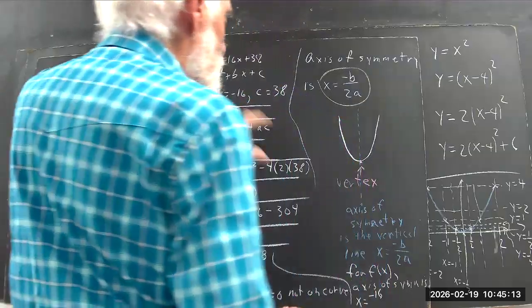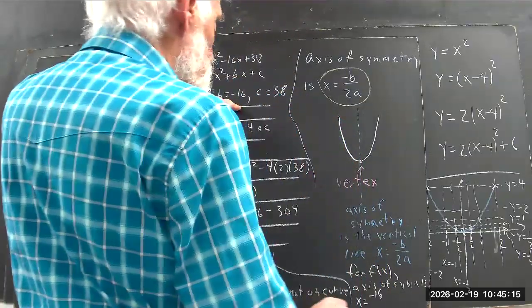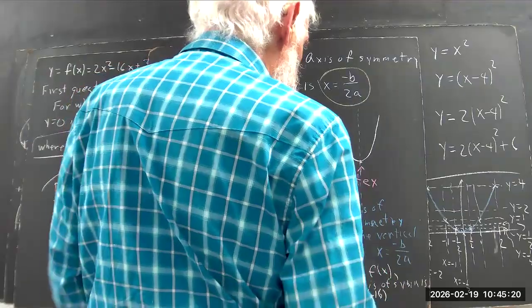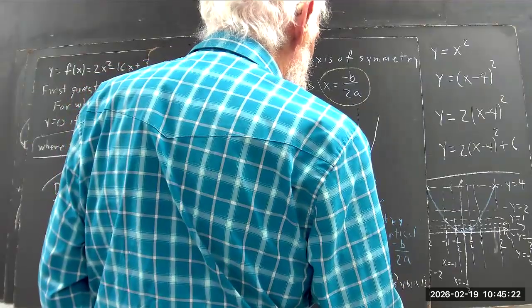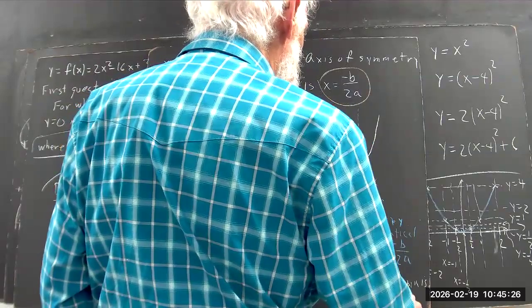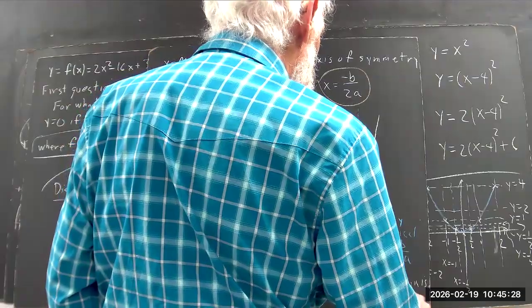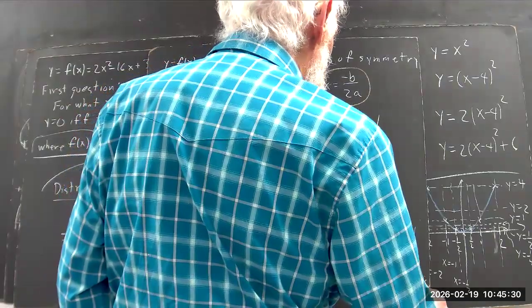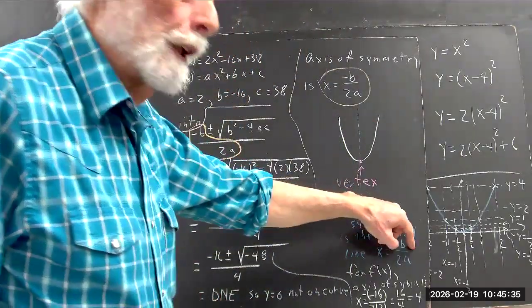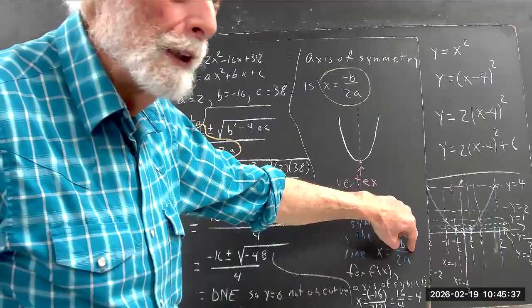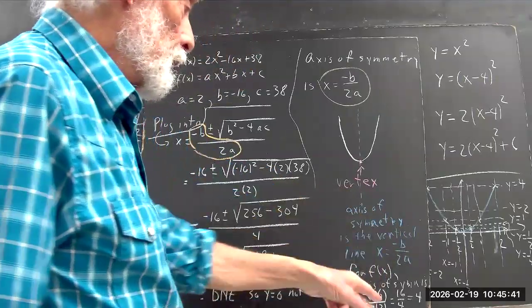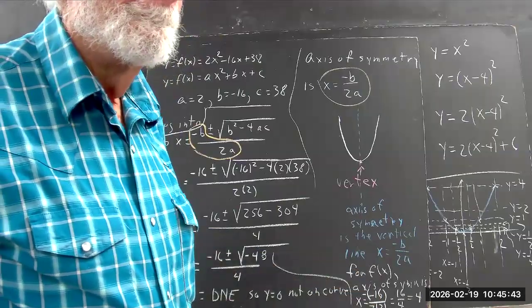And it's actually negative b. So b is negative 16, but there's a negative in front of that. It's the negative of negative 16 over 2 times 2, which equals 16 over 4, which equals positive 4. Remember, b has a negative in front of it, so if b happens to be negative, you have the negative of a negative. So anyhow, you get x equals 4, right?